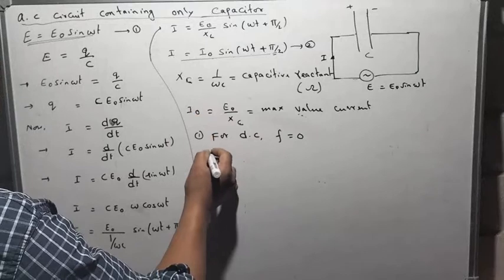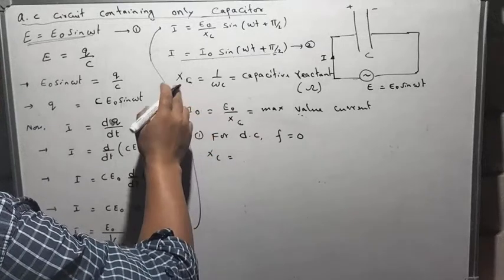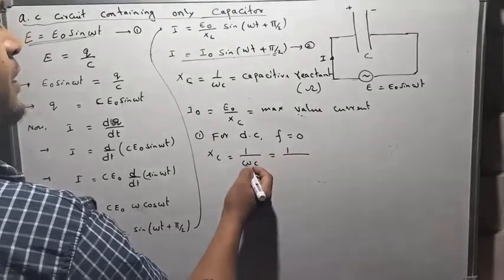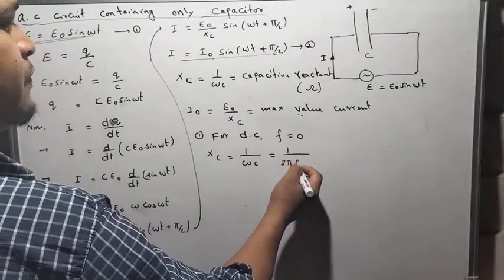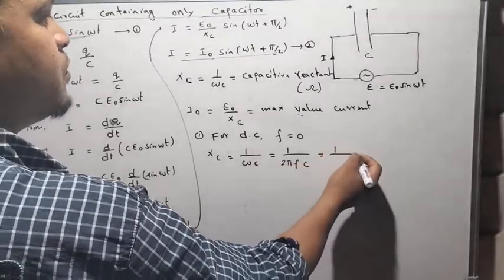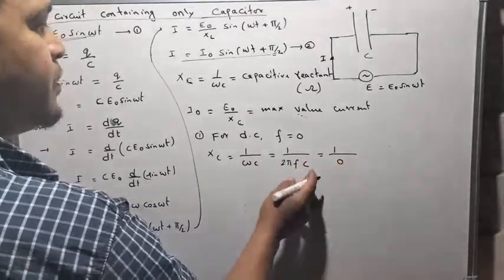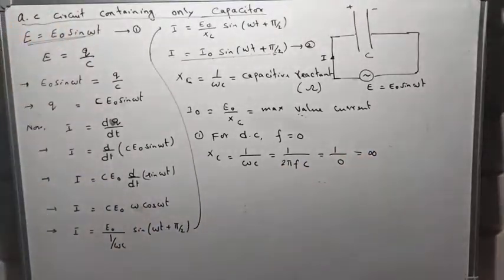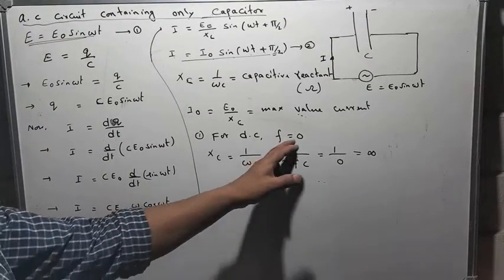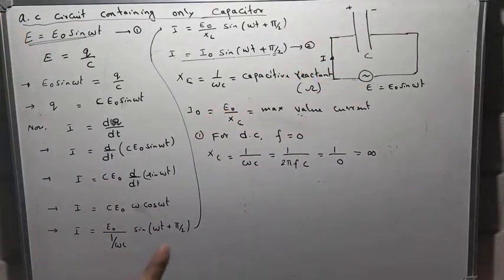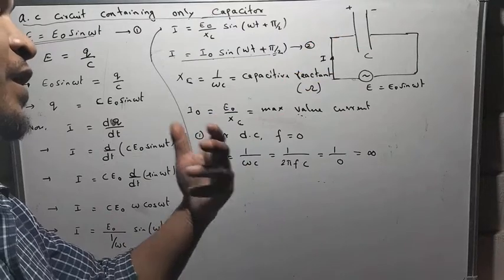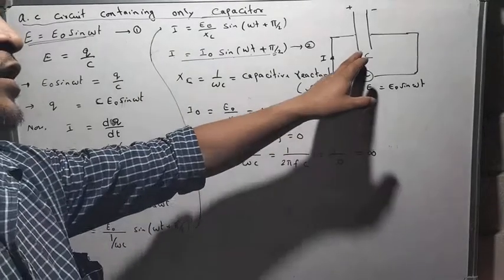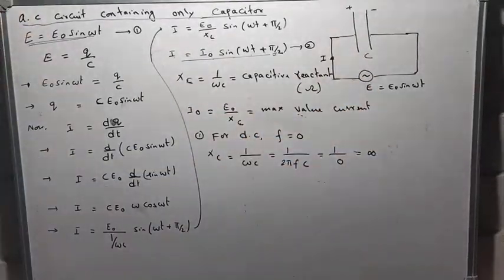So when f is 0, this Xc, the capacitive reactance, which is equal to 1 upon omega C, I can write as 1 upon 2 pi f times C. Because f is 0, the denominator will be 0. So 1 upon 0 is equal to infinity. This means that when a direct current is passing through the capacitor, the capacitor will offer infinite resistance to such a direct current. Or we can say the capacitor always blocks direct current.